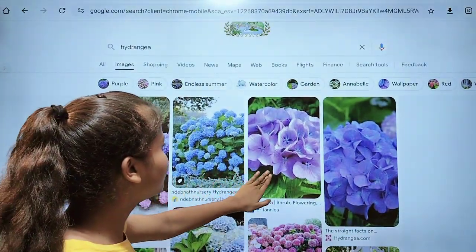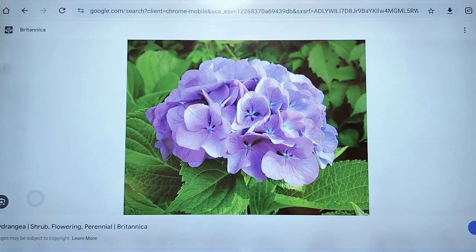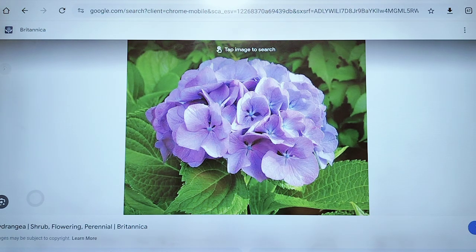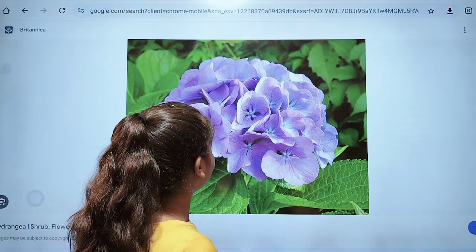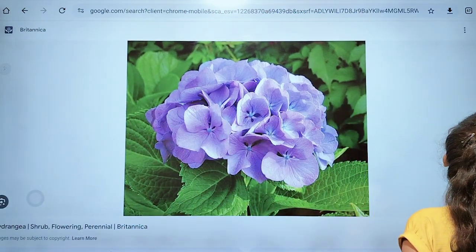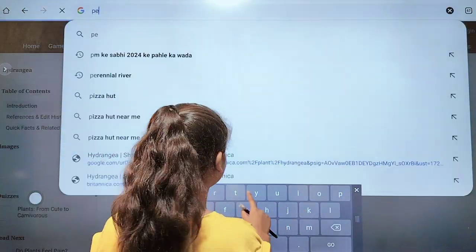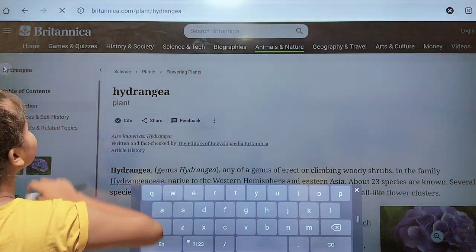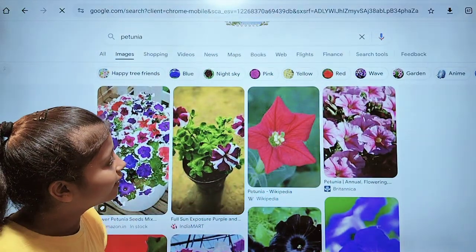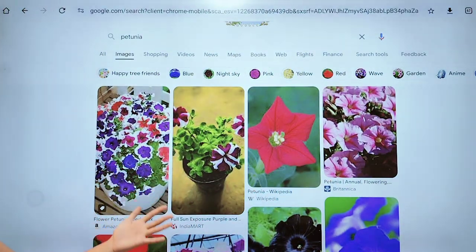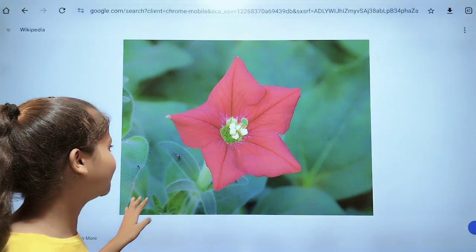It is used to test acid and base. This is a flower of hydrangea. Now the second one is petunia. Let me show you this one also. This one is petunia. I think you have seen this one. This flower is also used to check whether a substance is acidic or basic in nature.